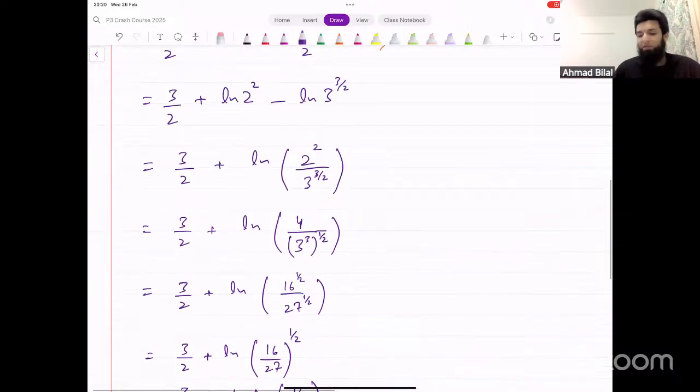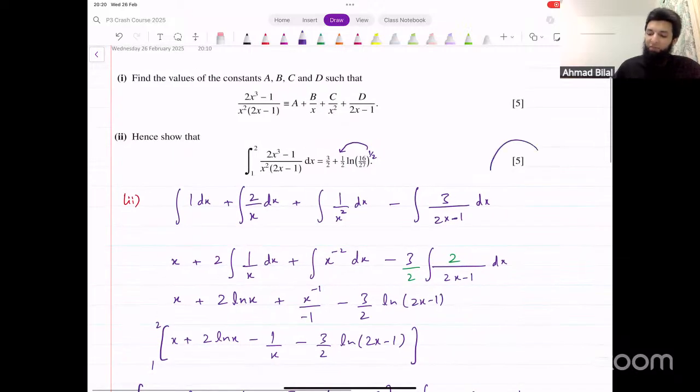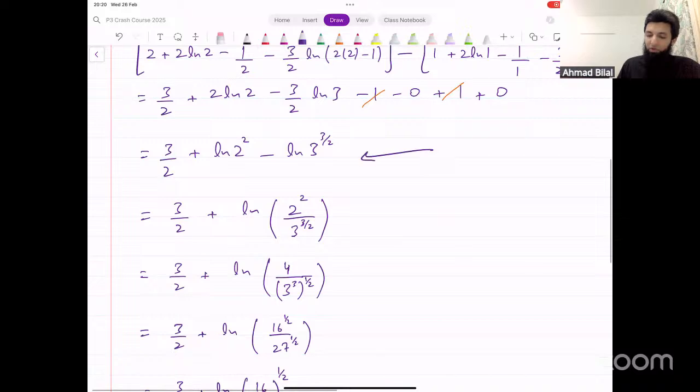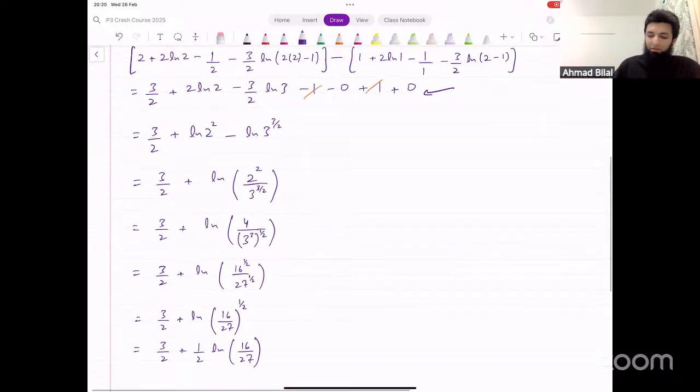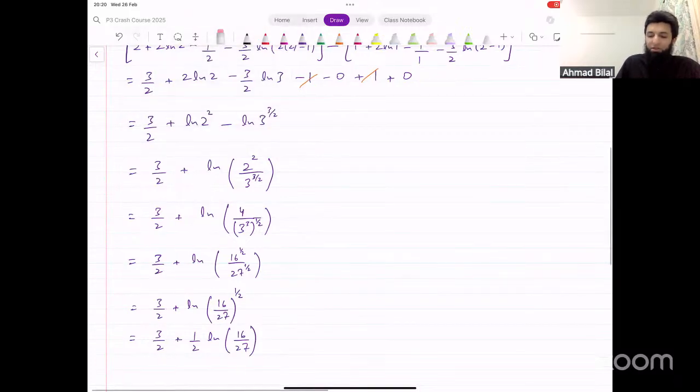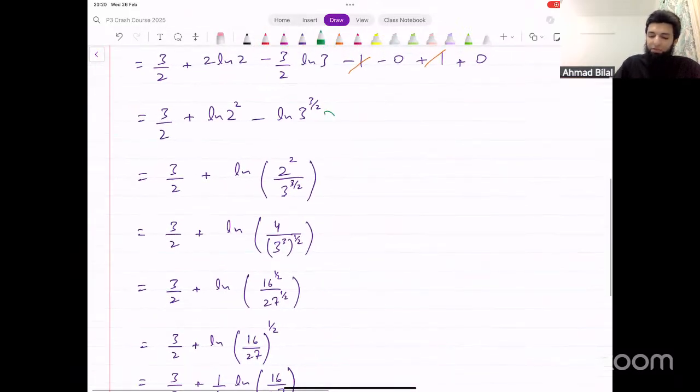The good thing about this is it's a 5-mark question. If you get to this point, or even the point before this, you already get 4 out of 5 marks. Then this is just 1 mark. You can skip some of these steps, but that would be the logic in order to go from this form to that form.